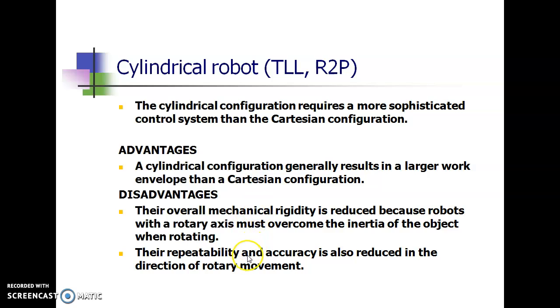The repeatability and accuracy are also reduced in the direction of rotary movement. So the accuracy and repeatability are low, as well as the mechanical rigidity reduced. These two are the disadvantages of the cylindrical robot.